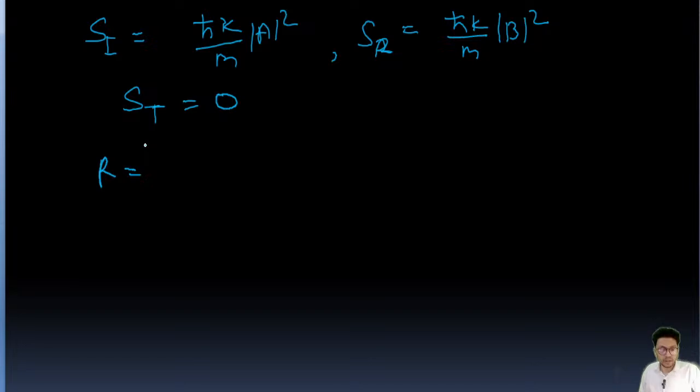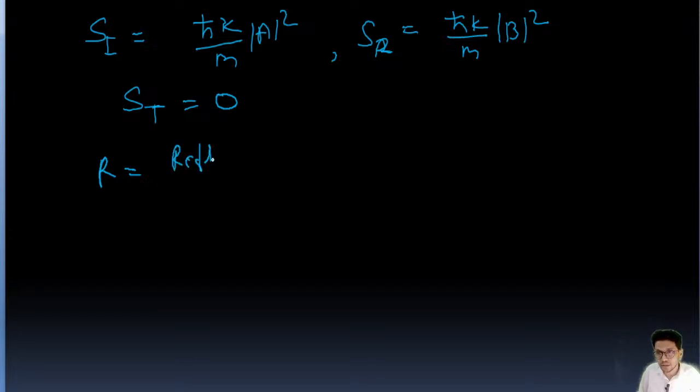Next is the value of R, the reflection coefficient, and the transmission coefficient, which I have explained in an earlier class. The value of R in terms of probability current density: R is the reflection coefficient, which I have already explained in my previous lecture.